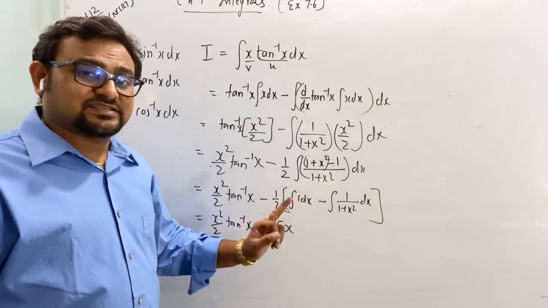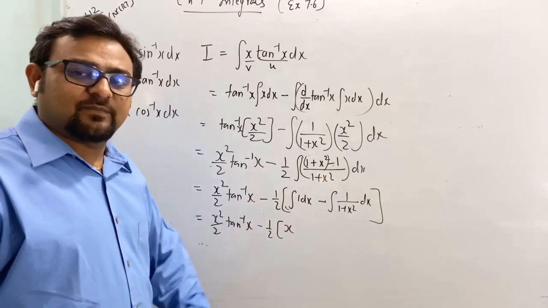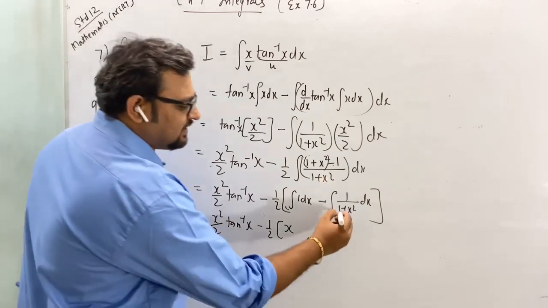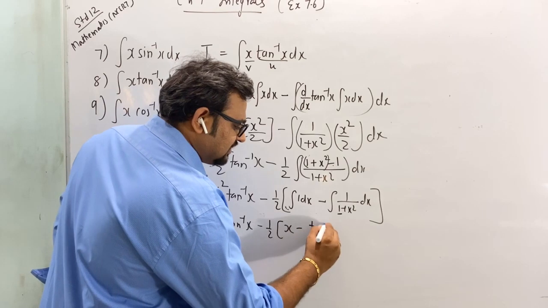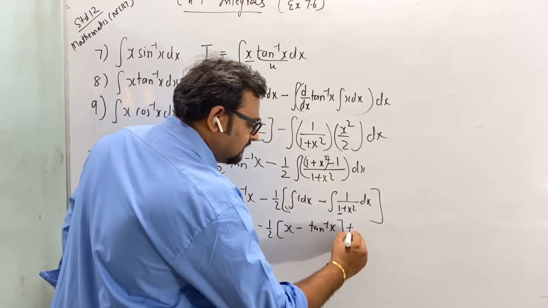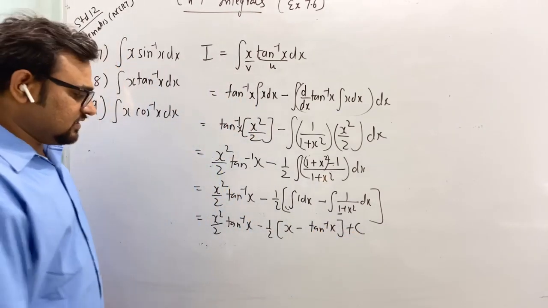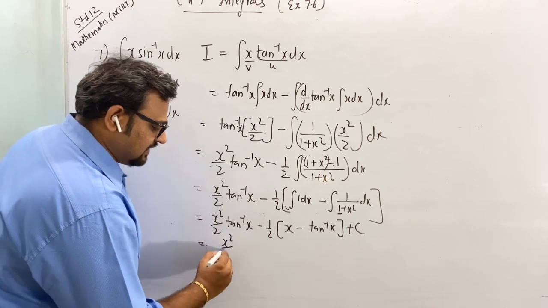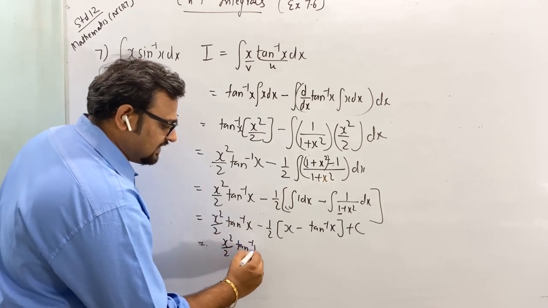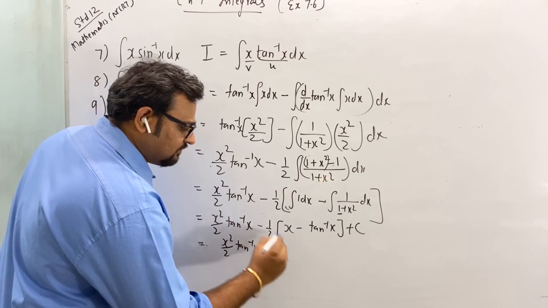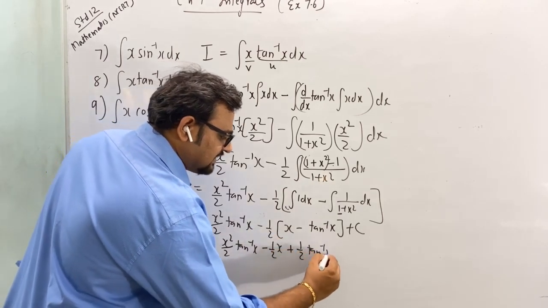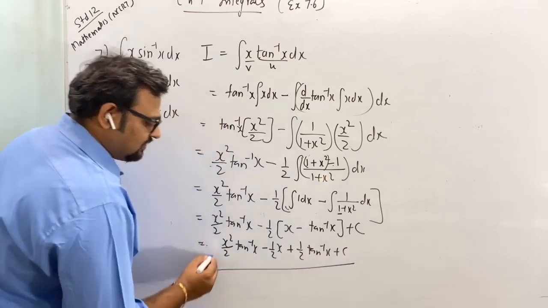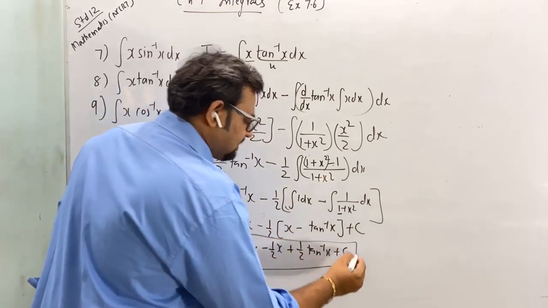Remember the formula, exercise 7.4, 1 by a tan inverse x by a. Here a is 1, so 1 by 1 will be 1, tan inverse x by 1 plus c. So final answer, x square by 2 tan inverse x minus 1 by 2 x plus 1 by 2 tan inverse x plus c.